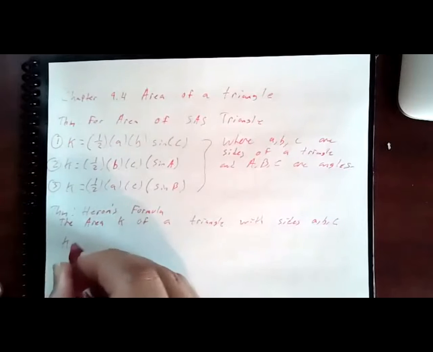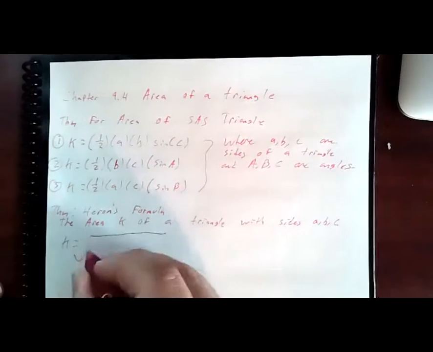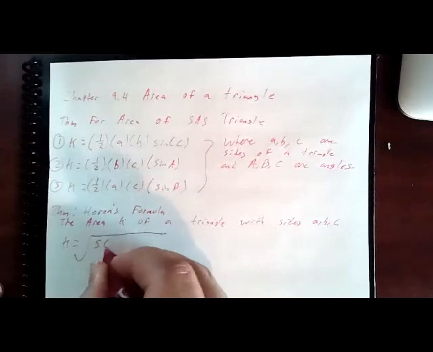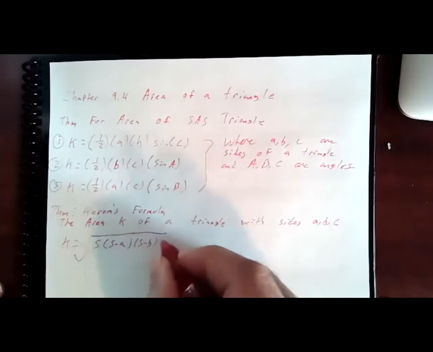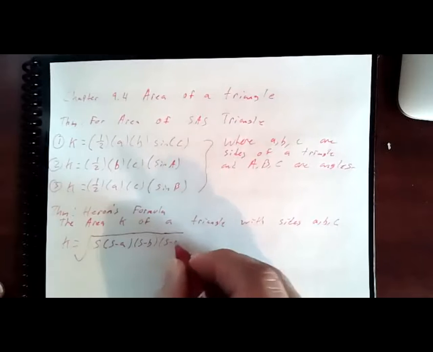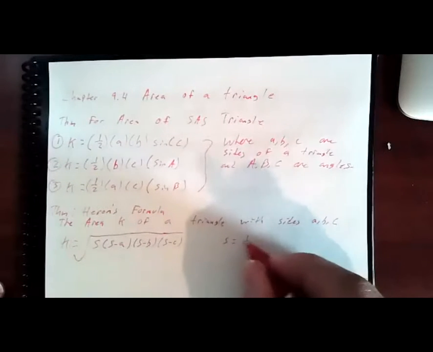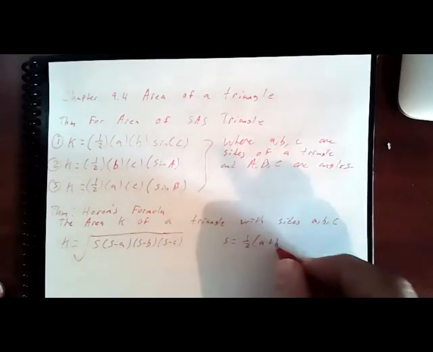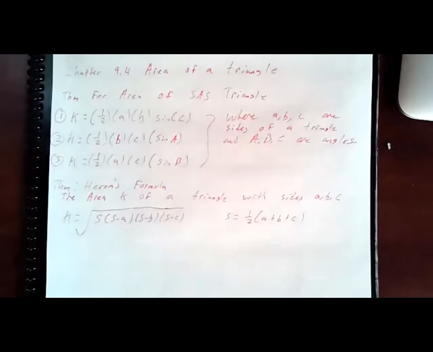K is equal to the square root of S times S minus A times S minus B times S minus C, where S is equal to 1 half times A plus B plus C. So that's all the formulas we're going to need for this section.